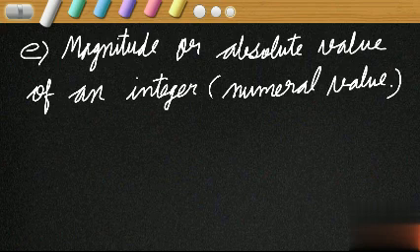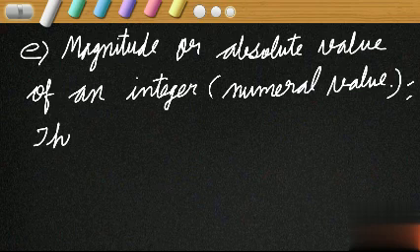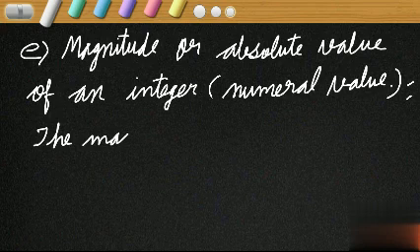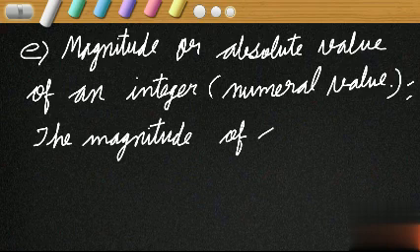And down please write. The magnitude of an integer means the value of an integer without considering its sign. Okay? The magnitude. First write down, after that I will explain. The magnitude of an integer.